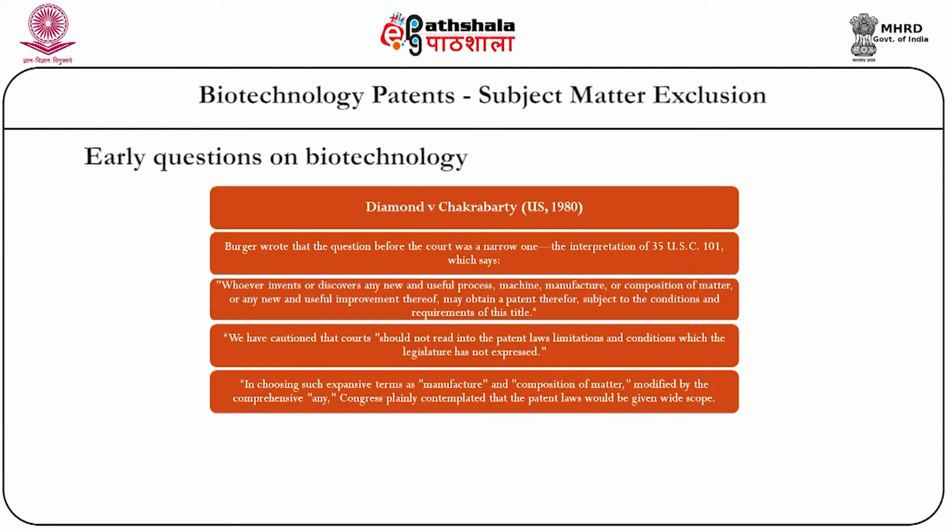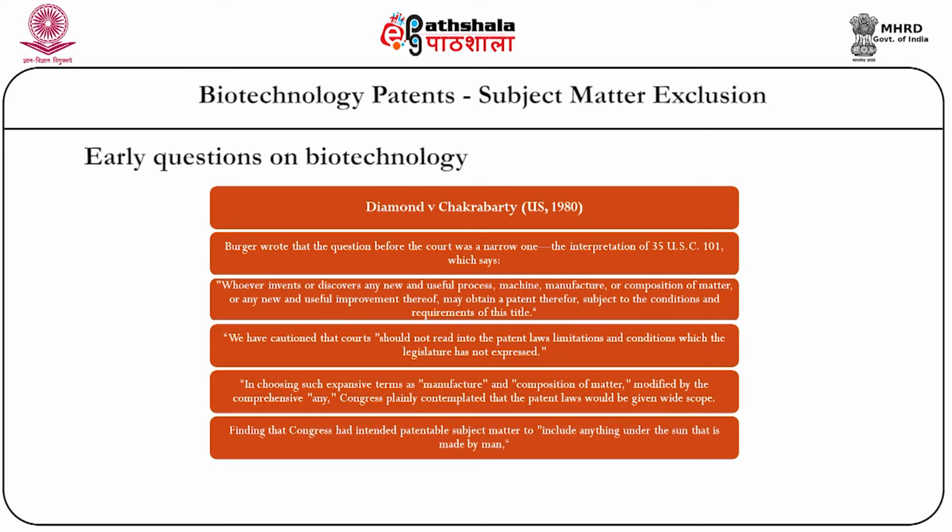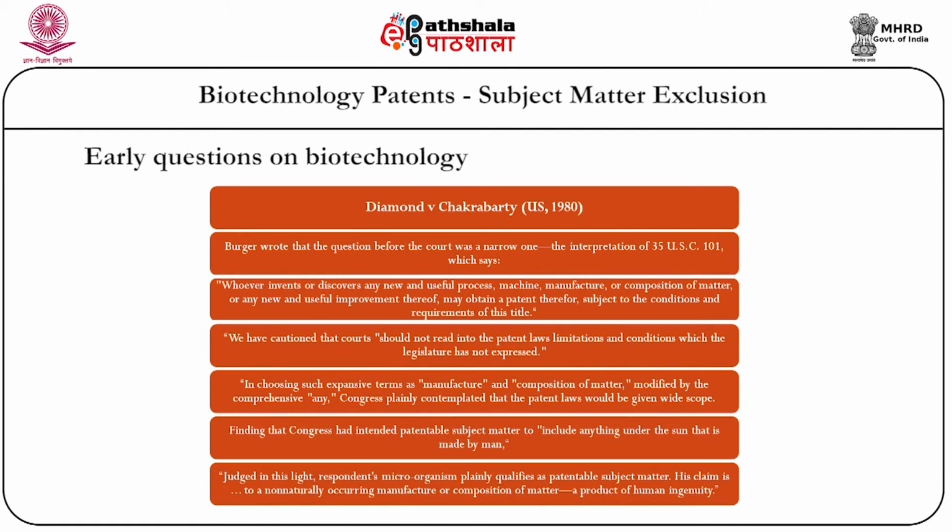In fact, the court went on to find that Congress intended patent subject matter to include anything under the sun that is made by man. And finally, judged in the light of this, the respondent's microorganism plainly qualifies as patentable subject matter. His claim is to a non-naturally occurring manufacture or composition of matter, a product of human ingenuity.